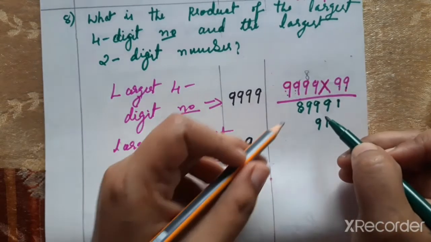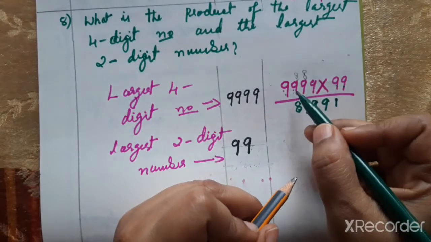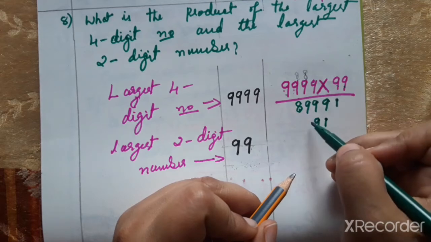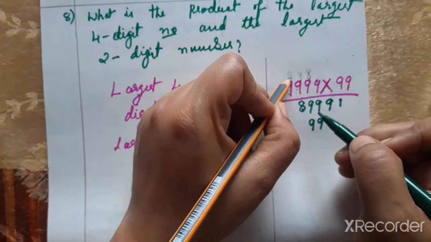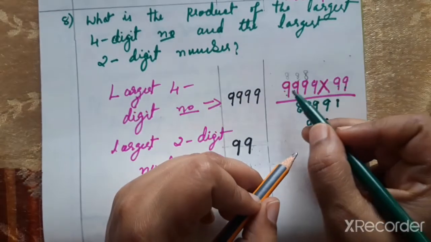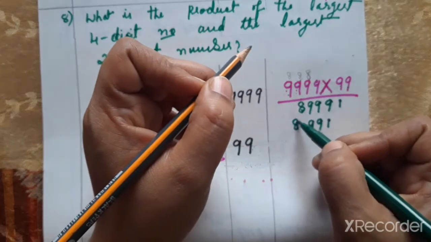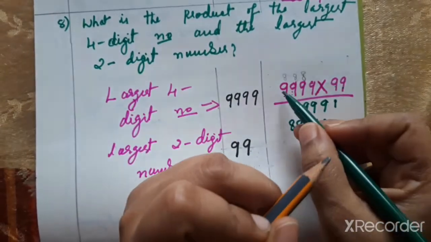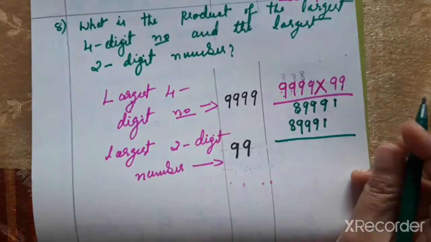So 9 here, 8 carry over to the next place. 9 nines are 81. 81 plus 8 is 89. So 9 here, 8 carry over. 9 nines are 81. 81 plus 8 is 89. We write 89 together because there is no number to share the carry over.